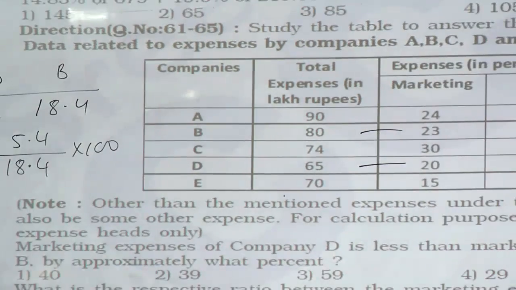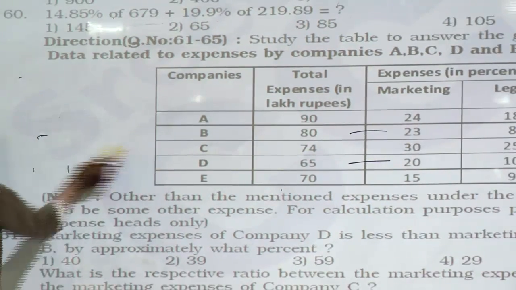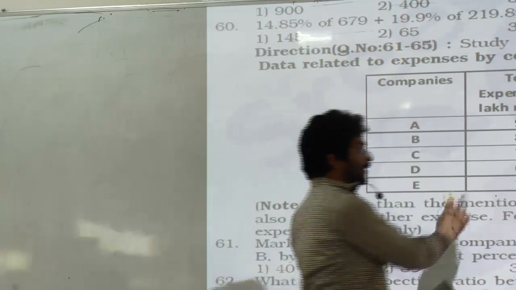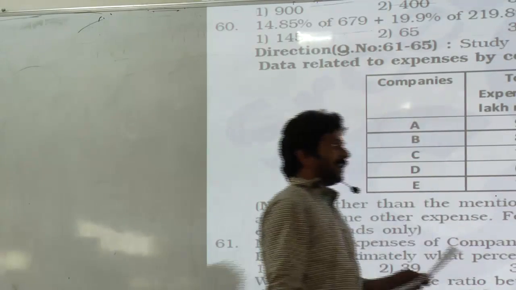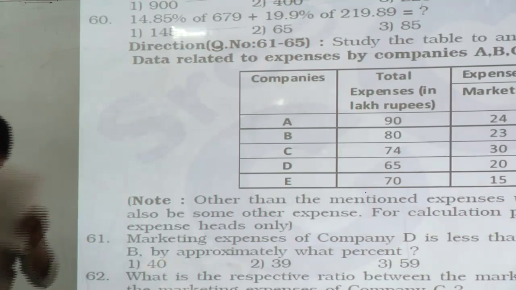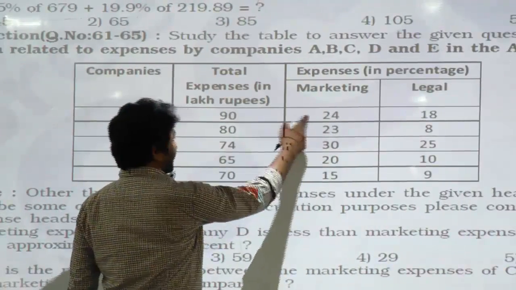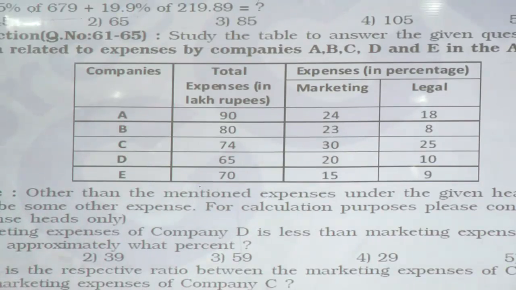Next 62. What is the respective ratio between the marketing expenses of company A and the marketing expenses of company C? Marketing expenses of company A and company C ratio. Company A marketing expenses, how much percent is that? 24% of what? 24% of 90.